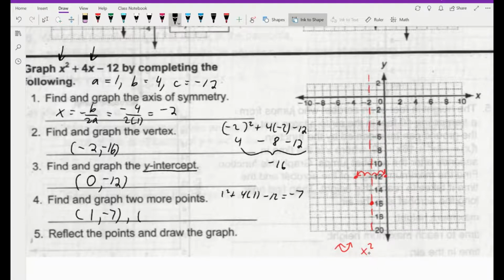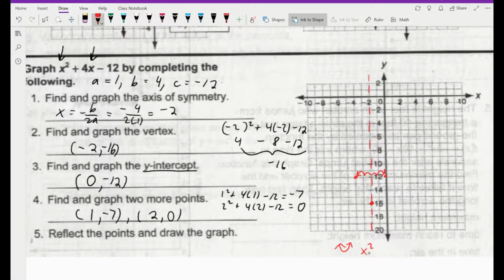And we'll plug in 2. 2 squared plus 4 times 2 minus 12. 2 squared is 4. 4 plus 8 is 12. 12 minus 12 is 0. So we have 0.